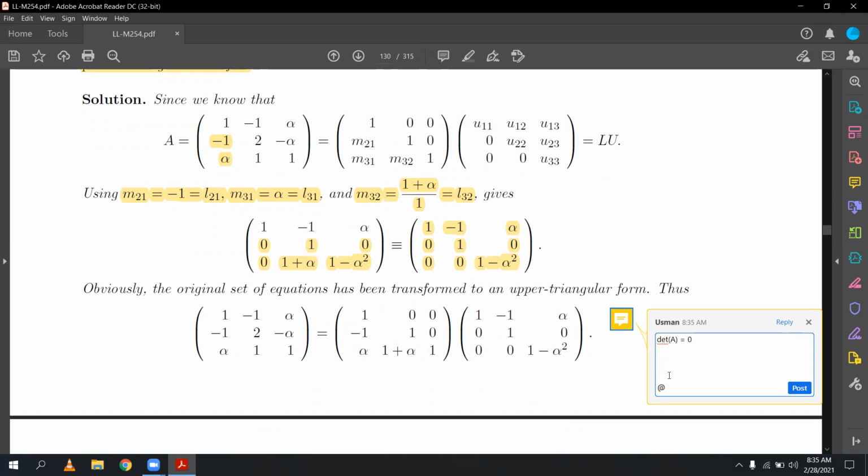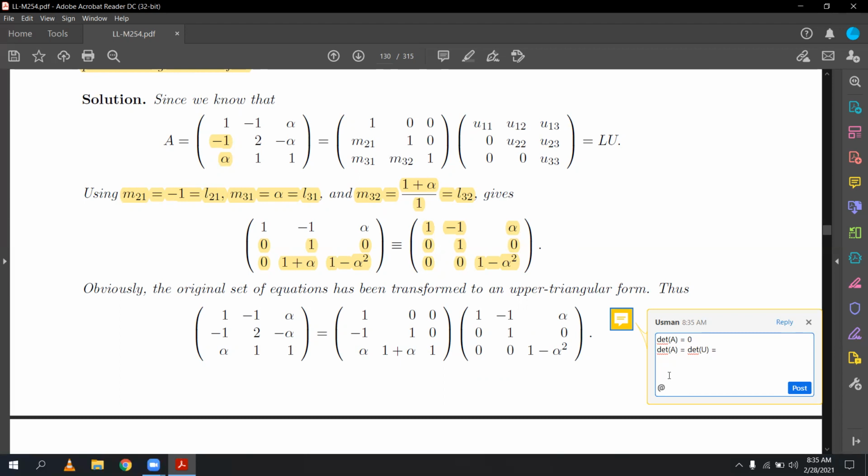What is the determinant of A in the case of the Doolittle method? I told you the formula. The determinant of A is the determinant of U. So we can say the determinant of A must be equal to the determinant of U.